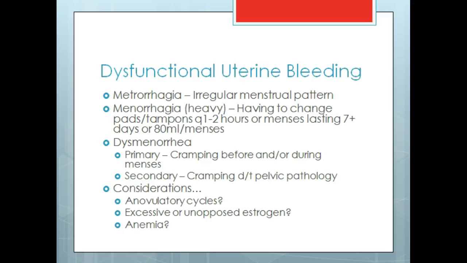And why that's concerning is because if estrogen is the only hormone that is dominant in a woman's cycle, that means that her endometrial lining can continue to grow without ever being checked by progesterone telling it to thin back out again.